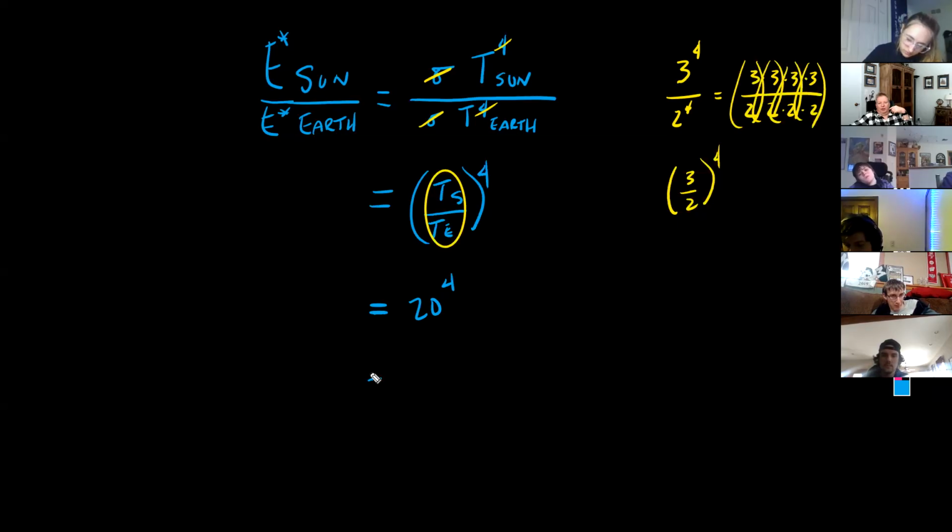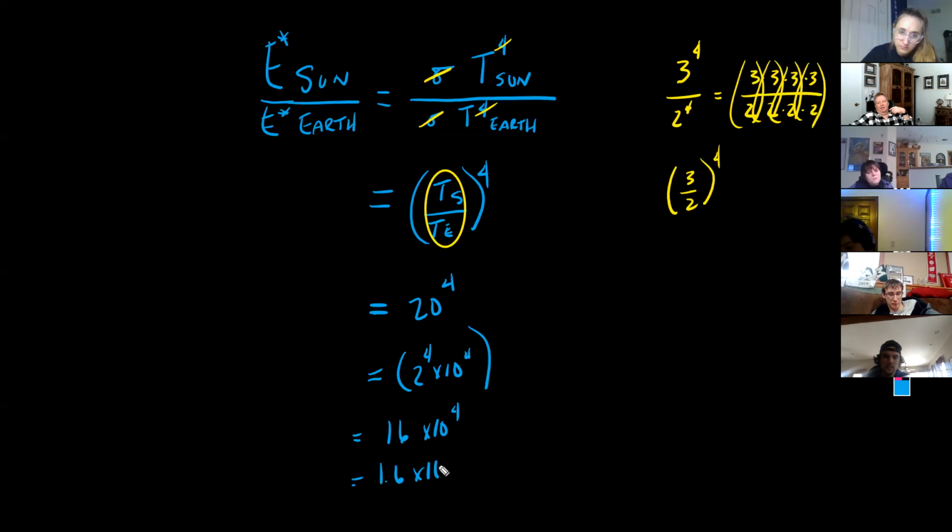Well, isn't 20 to the 4th 2 to the 4th times 10 to the 4th? 16,000. 16 times 10 to the 4th, or 1.6 times 10 to the 5th, or you could say that's 160,000.